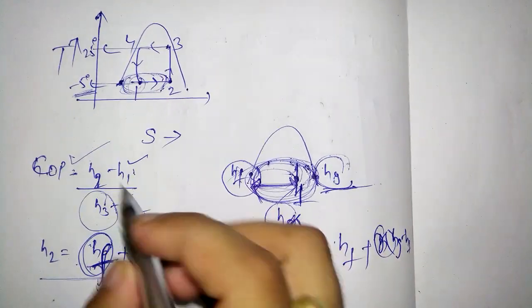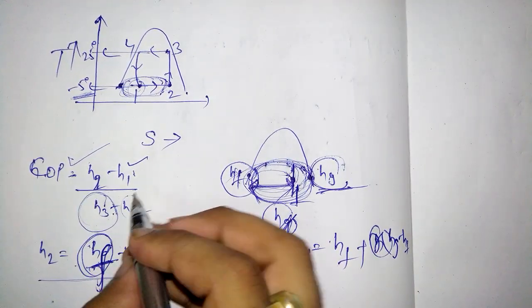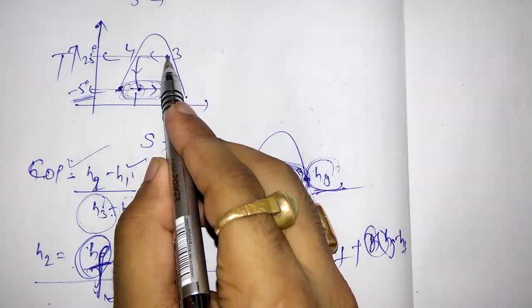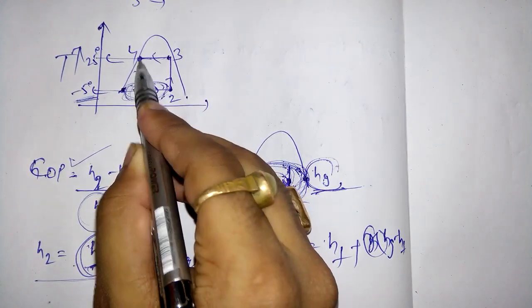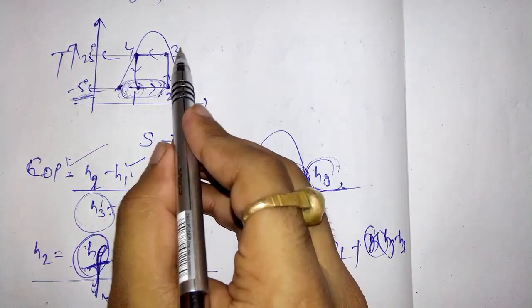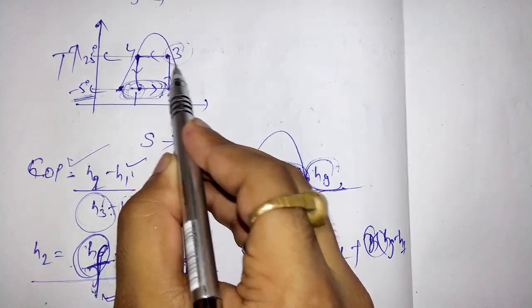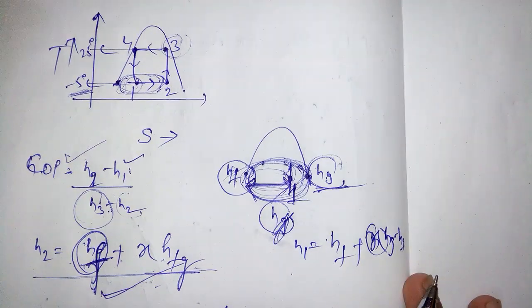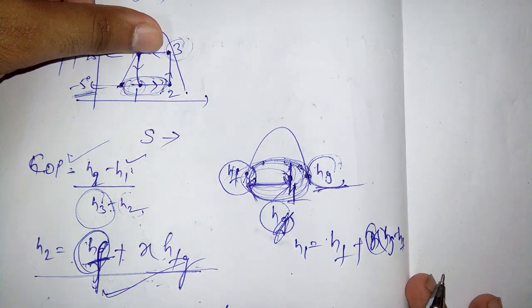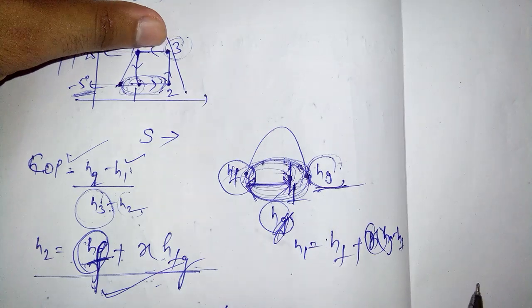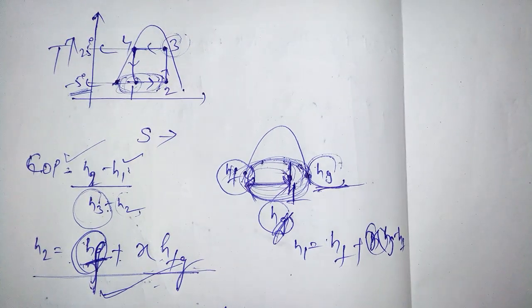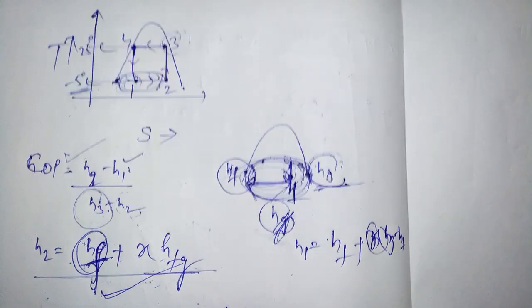H3 is in this portion, touching the vapor line. Point 3 is not completely vapor, so there will be some dryness fraction present. We need to find the value of the dryness fraction first.